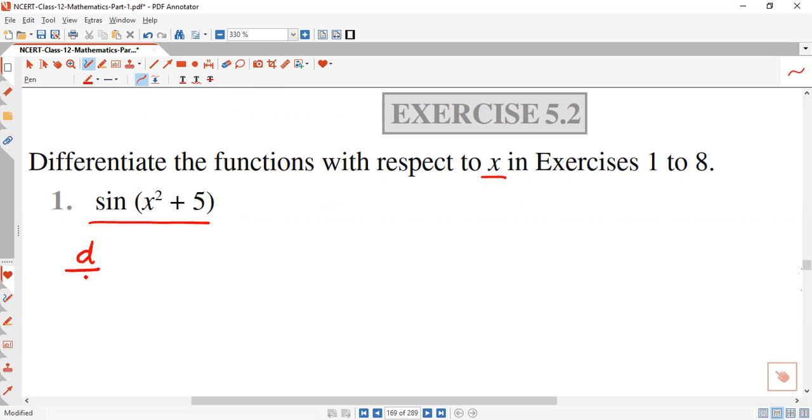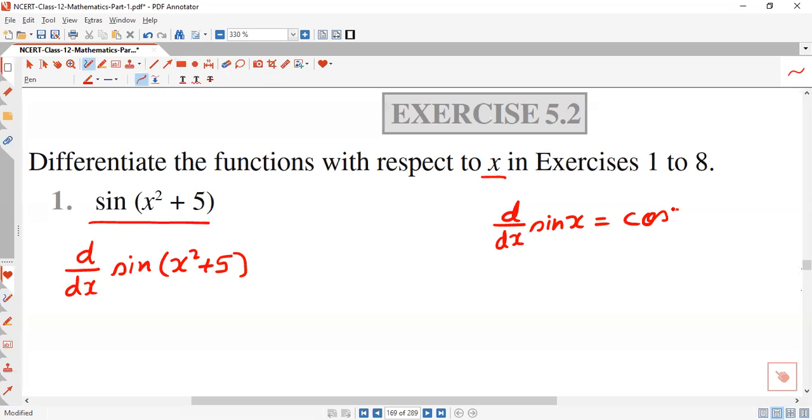dy/dx of this function, I just want to find out: sine of x square plus 5. Since you know that if we differentiate this function, we will get dy/dx of sine x, which is equal to cos x. Okay, fine. So I will differentiate this one.